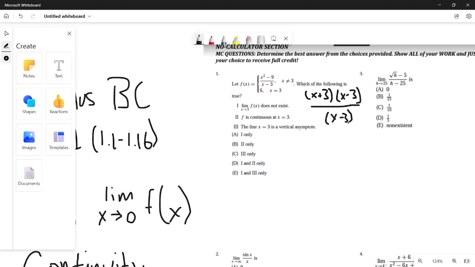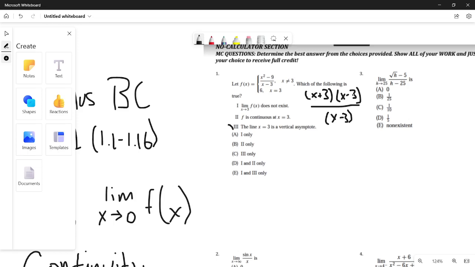You know that there's a removable discontinuity when you can factor and then take it out of the top and the bottom. So here 3 would be a removable discontinuity. If the x plus 3 was on the bottom, then negative 3 would be a vertical asymptote. But because it's on the top, it doesn't matter. It's not a discontinuity in this case.